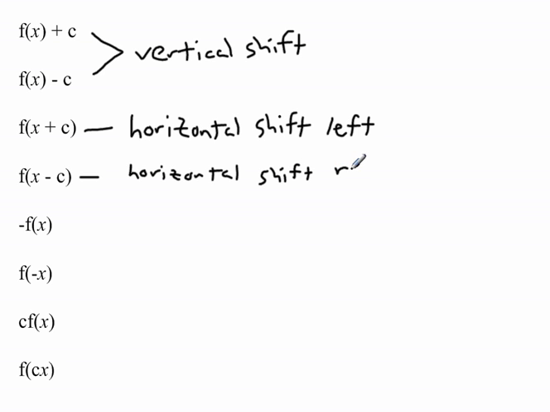Now, right there is a big red flag for us because instinctively we think that adding a value is going to move it right, subtracting a value is going to move it left. So be careful with these two. That's a common mistake that students make. Making a function negative is going to give us a vertical flip, and you might say it's a flip across the x-axis.